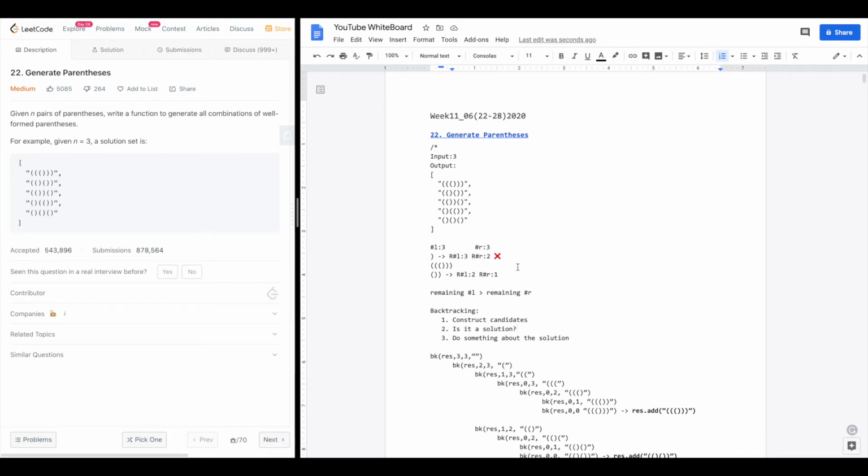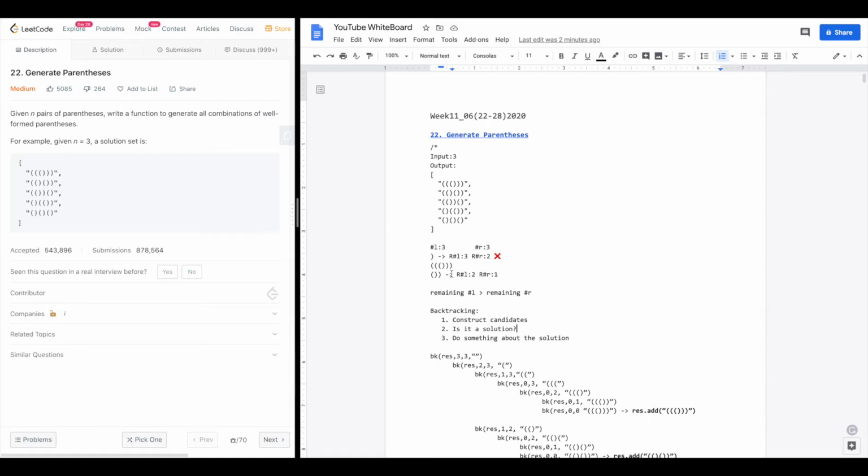For this question, how should we know this is a solution? The solution is that if the number of left parentheses is equal to 0 and the number of right parentheses is also equal to 0, this means we used all of the parentheses and we got a solution.